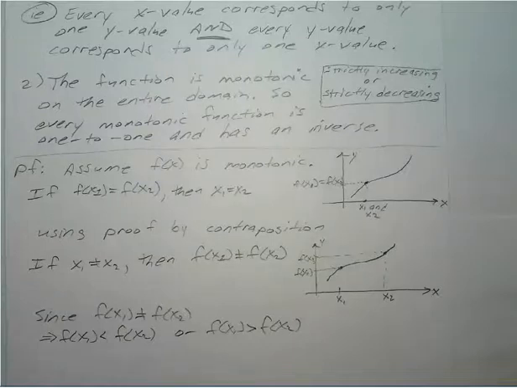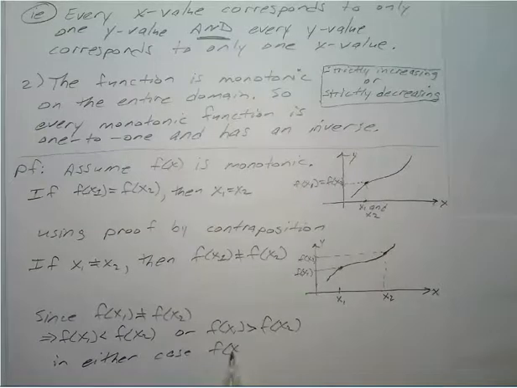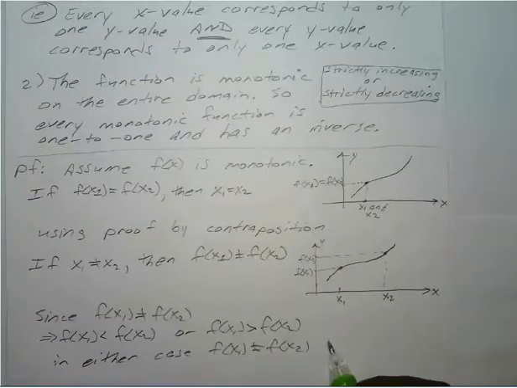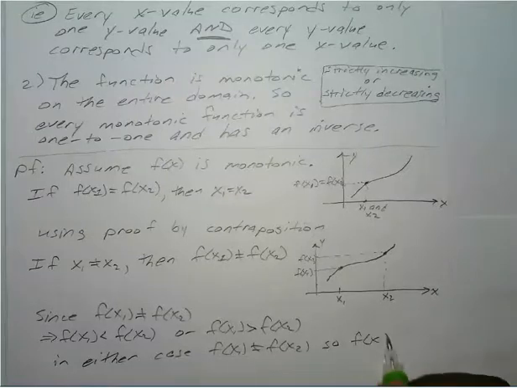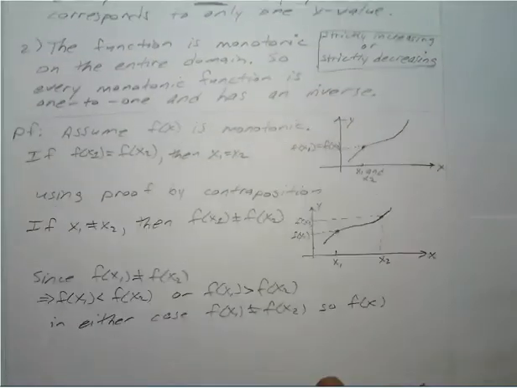In either case it doesn't matter. We just know that it's not equal to f of x2. So in either case, f of x1 does not equal f of x2, so f of x is a one-to-one function.